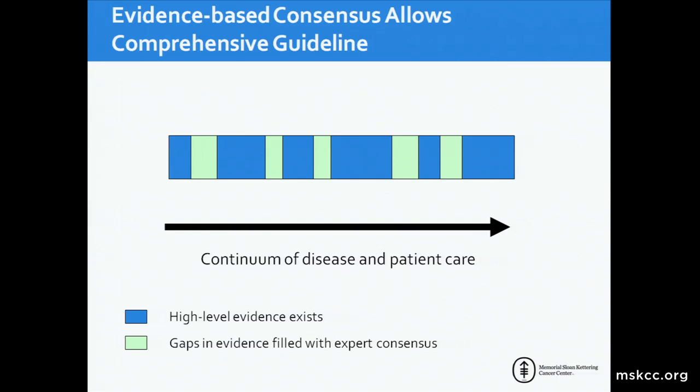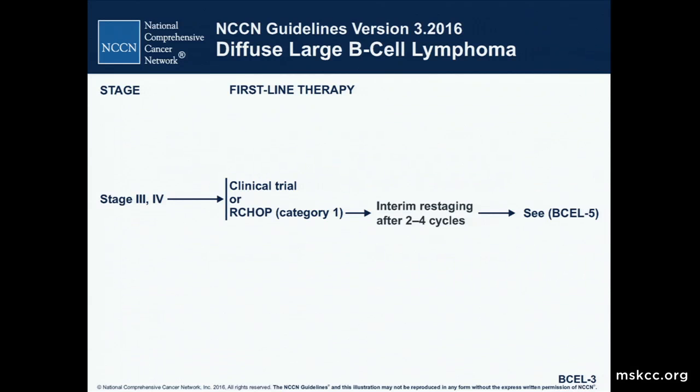However, to provide a continuum of care, if you just stick with high-level evidence, you will leave too many people at sea. I actually think it's much better for a panel of lymphoma experts to suggest a treatment, where there's lacking high-level evidence, that they can agree on than to ask a community doctor who sees 6 or 7 lymphomas a year to come up with their own idea as to what should be done.